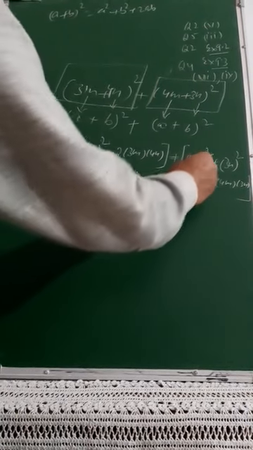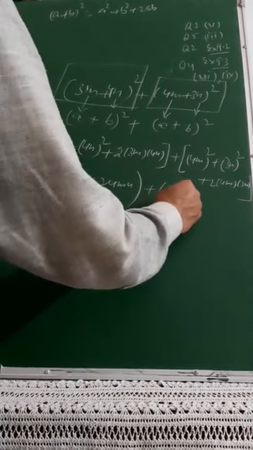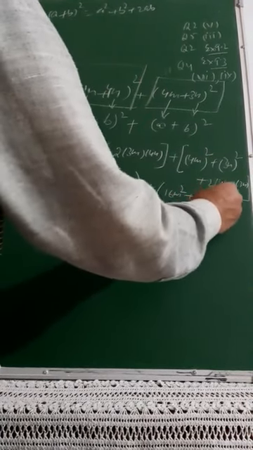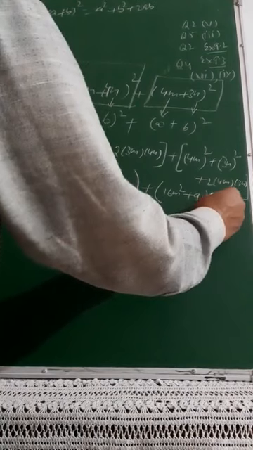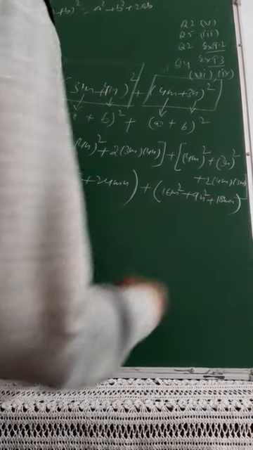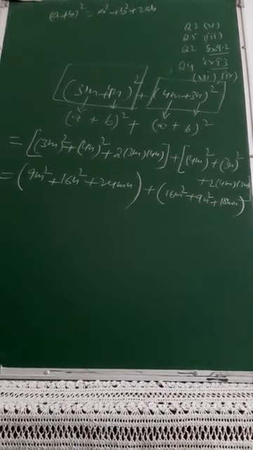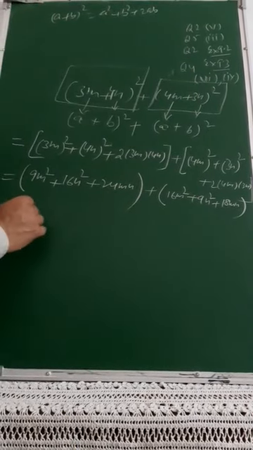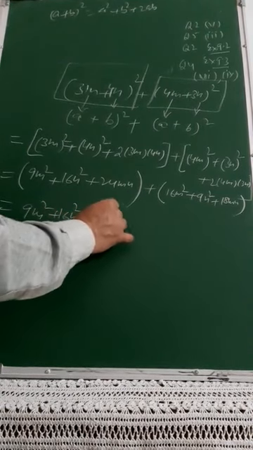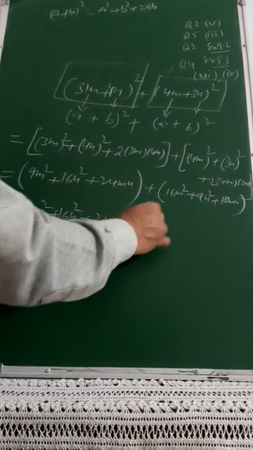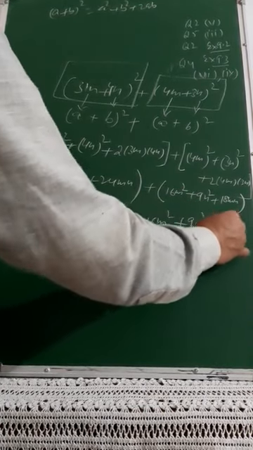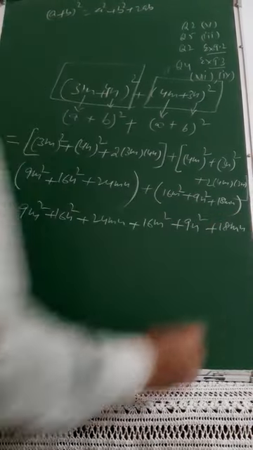Similarly here also 4m square means 16m square, 3n square means 9n square, 2 4s are 8, 3s are 24, so this is 24mn. Now you open the brackets: 9m square plus 16n square plus 24mn plus 16m square plus 9n square plus 24mn.